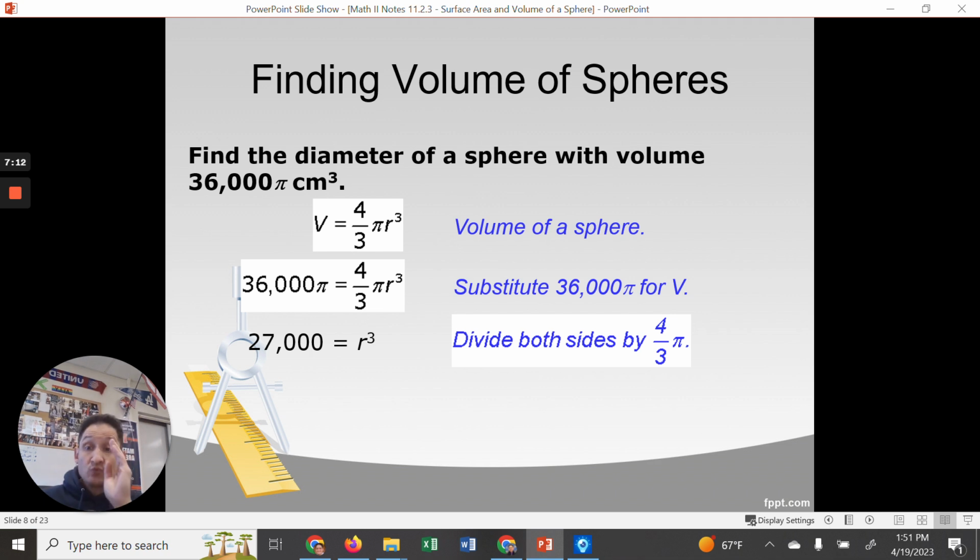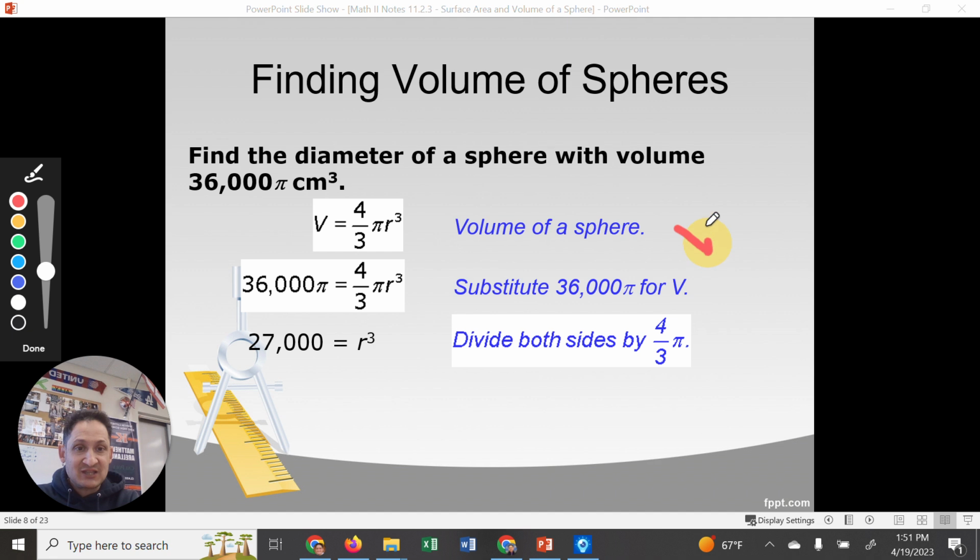This is where you need to recognize you're probably going to have to use your calculator to find the third root of something. Because I'm going to guess you don't know what the third root of 27,000 is off the top of your head. And neither do I. So you better make sure you know how to use your any root button, which probably has a little x there or something to that effect.